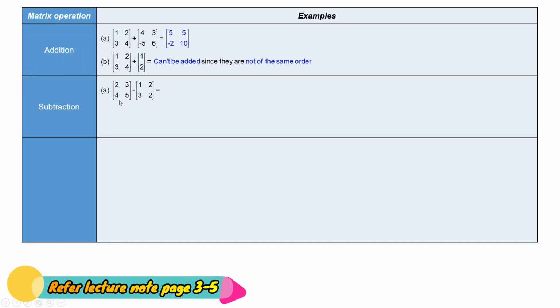The first matrix is 2 by 2 and the second matrix is 2 by 2. So how do we subtract these two matrices? We just subtract the corresponding elements: 2 minus 1, 3 minus 2, 4 minus 3, 5 minus 2. Then we have 1, 1, 1, 3.